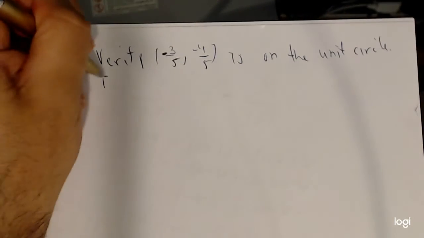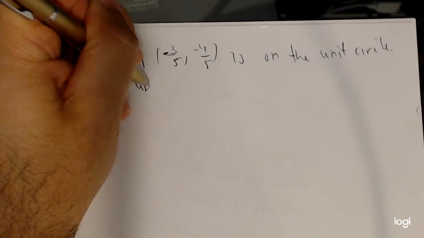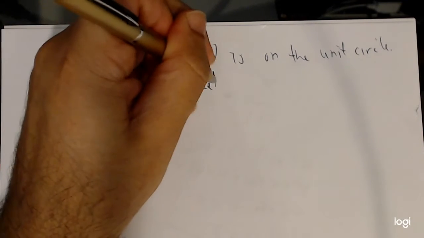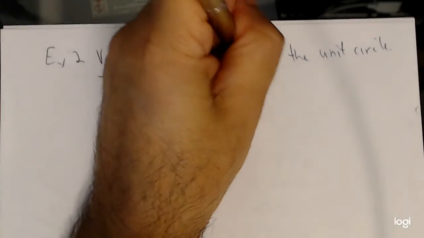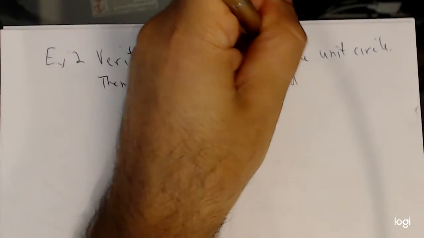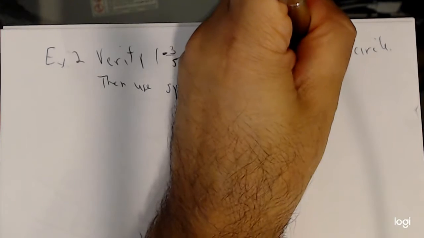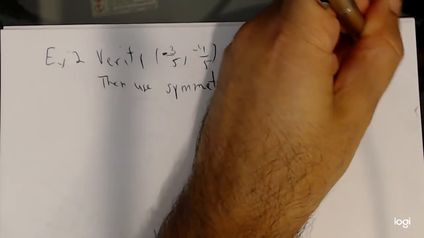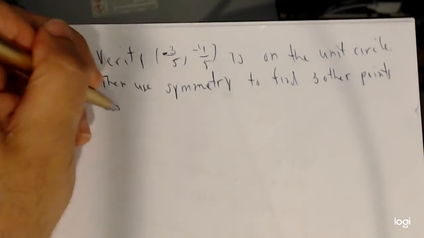And then once you do that, I'm going to say then use symmetry to find 3 other points on the circle.